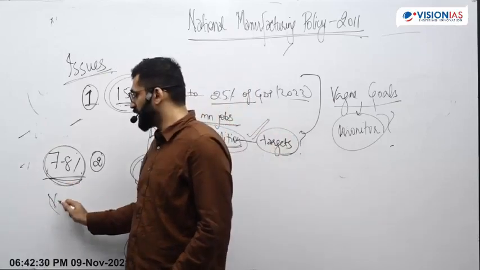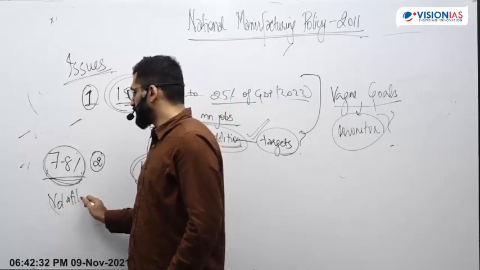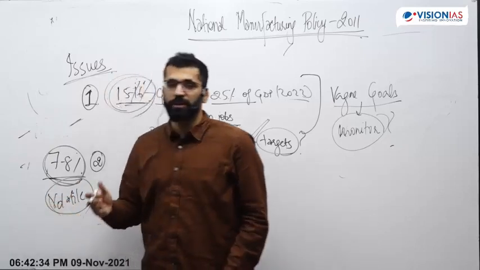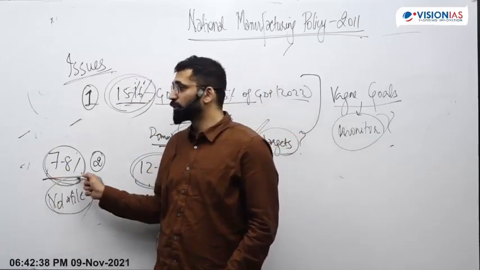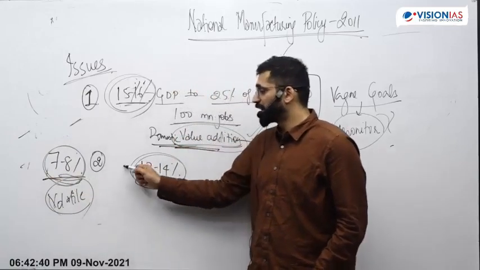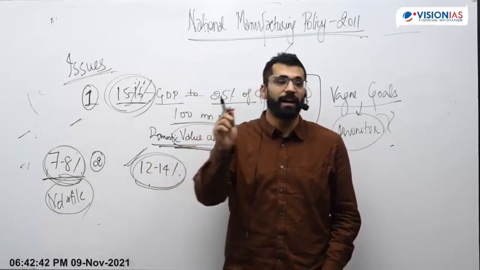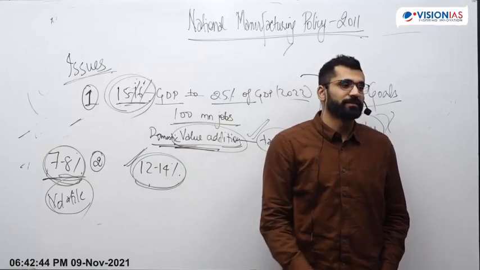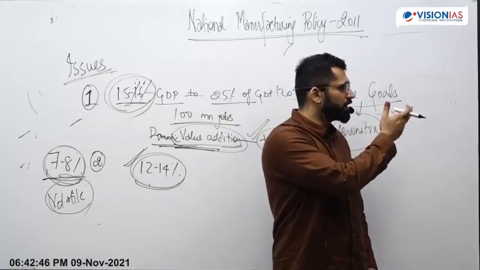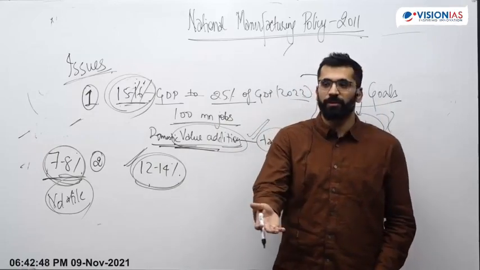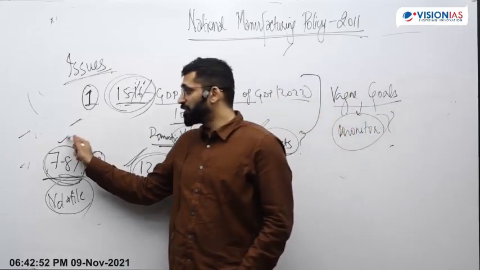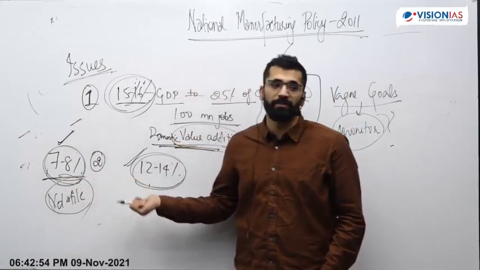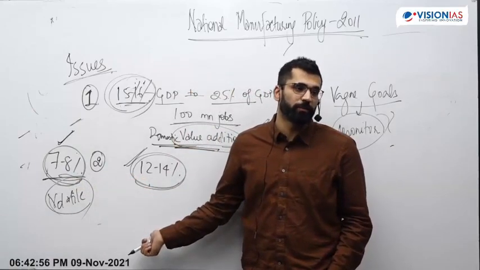This was volatile. After 2008-09, there were years where there was 1%, 2% growth in industry. So when you have volatile growth in industry, how can you have 12 to 14% growth every year for 9 years, or more than 9, 10 years? You're introducing the policy in 2011, you're talking about 2022. You don't have a very stable growth over and above which you are saying we will achieve 12 to 14% growth.